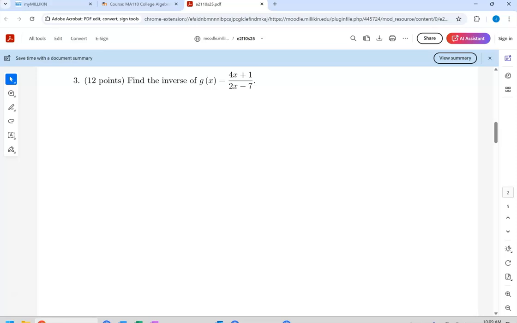So if we just started that one, you would start with, again, y equals 4x plus 1 over 2x minus 7. And then, again, you would just flip-flop everything. And then you have to clear your fraction and distribute and gather and refactor. We did ones like that before.